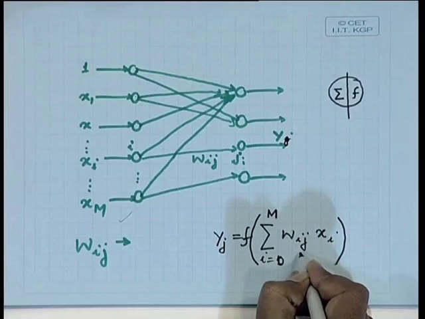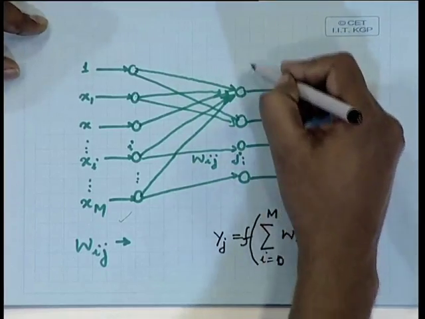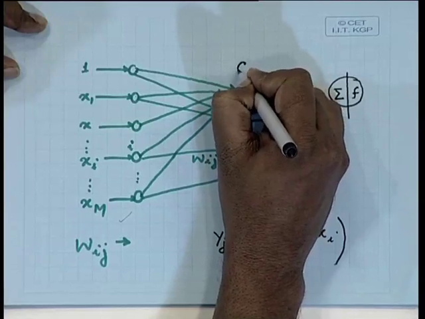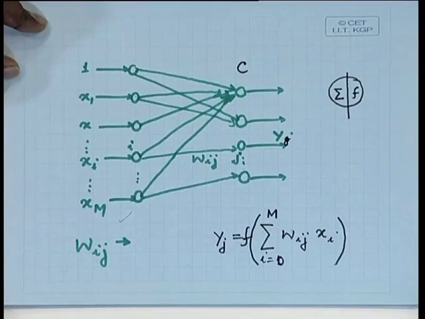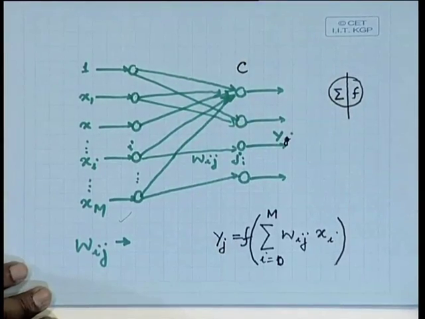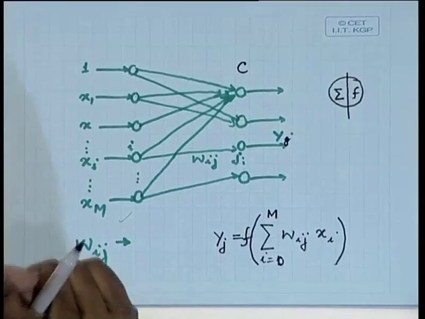For another value of j, it gives me the equation of another straight line. If I have a C class problem, I will have C output layer nodes, every node corresponding to one class. Each of them gives you a linear equation, which is the discriminant function for individual classes.